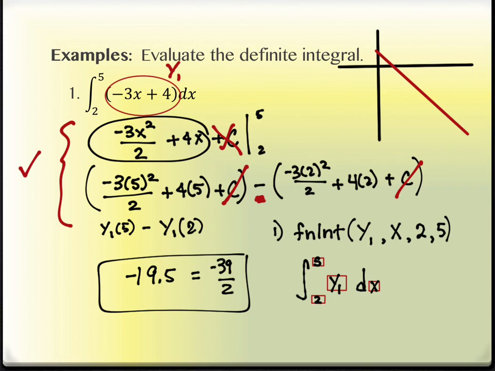What happened? It shaded it in, right? So your picture should look now, shaded in, something like this. Does it look like that? Now, the value is on the bottom, negative 19.5, right?